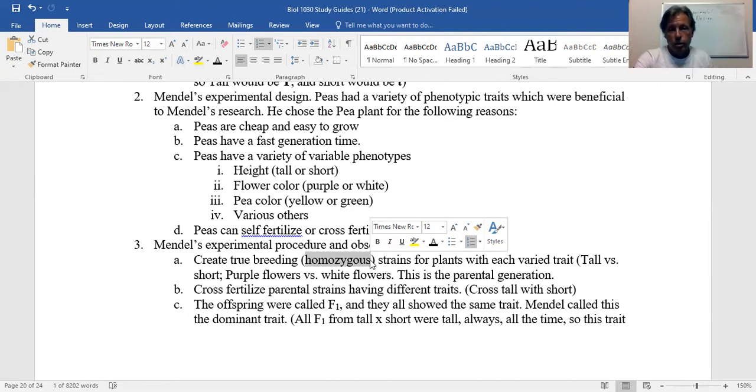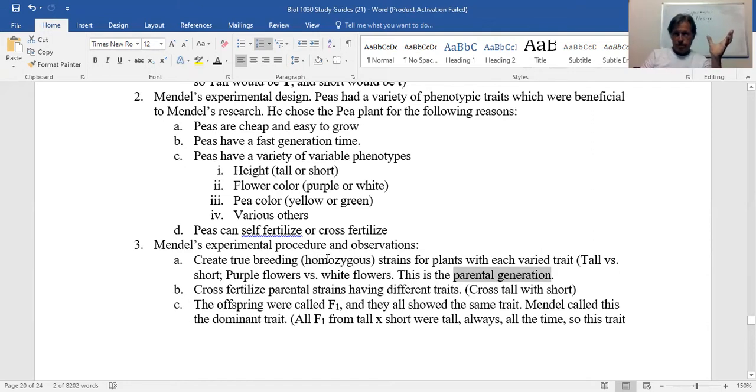Now, key terms, right? The parental generation would have been these true breeding strains that were, in fact, homozygous dominant or homozygous recessive. So now let's say on one hand, I've got some plants that are true breeding tall. They always breed tall when self-fertilized, right?